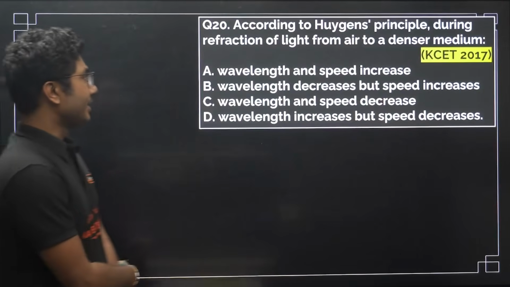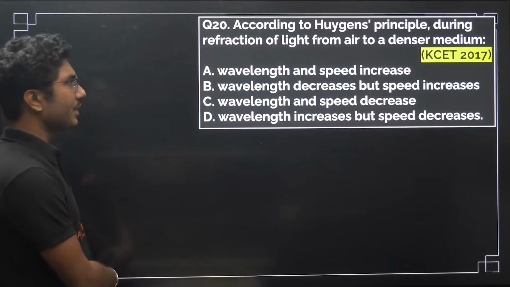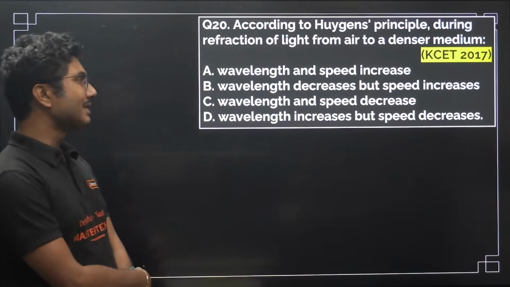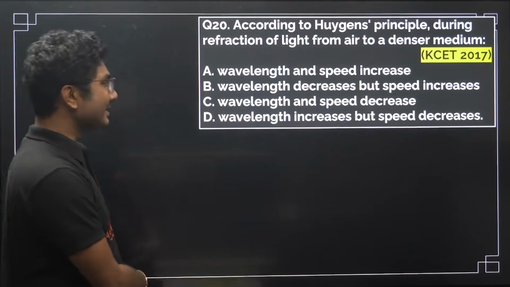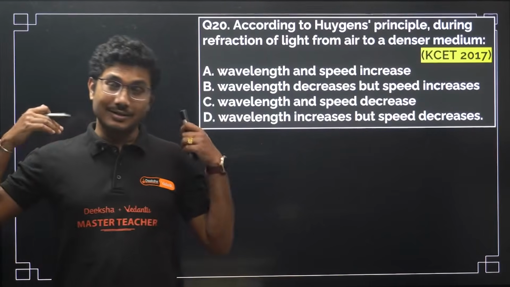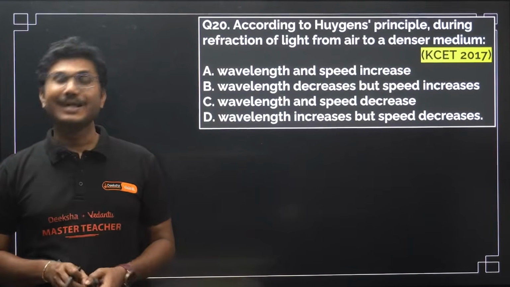Now next question. According to Huygens principle, during refraction of light from air to denser medium: wavelength and speed increase; wavelength decreases, speed increases; wavelength and speed decrease; wavelength increases, speed decreases. Now you have to remember that Huygens principle will always follow the standard speed of light, right?